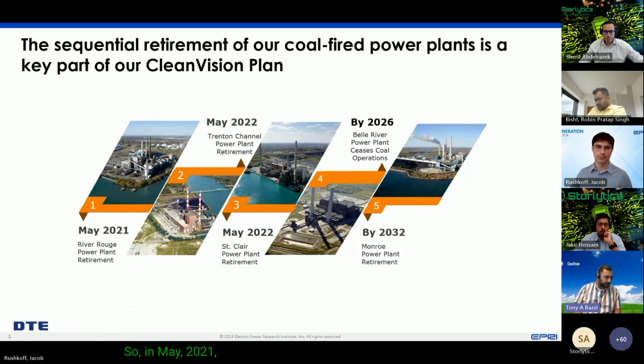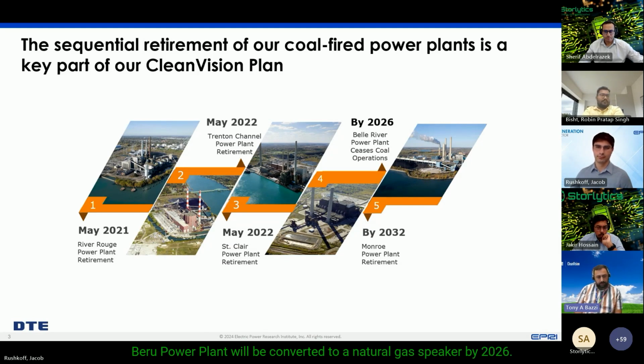In May 2021, we retired our River Rouge power plant, followed by St. Clair and Trenton Channel power plants in May 2022. Belle River power plant will be converted to a natural gas peaker by 2026. And the whole of Monroe power plant will be retired by 2032, ending the use of coal at DTE.